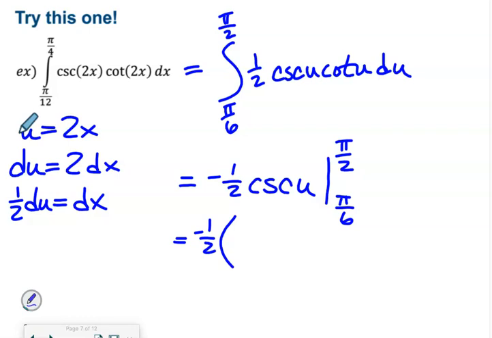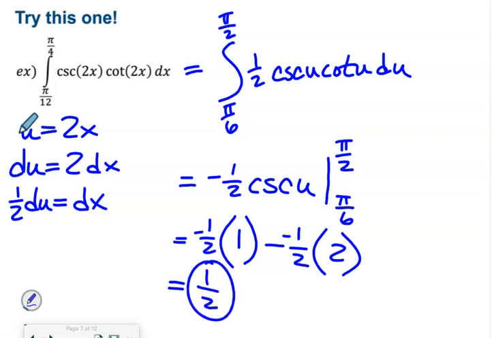So the cosecant would also be 1. Be careful, it's minus negative, so be careful with your negatives. Sine of pi/6 is 1/2, so cosecant is 2. So you end up with negative 1/2 plus 1, which is positive 1/2.